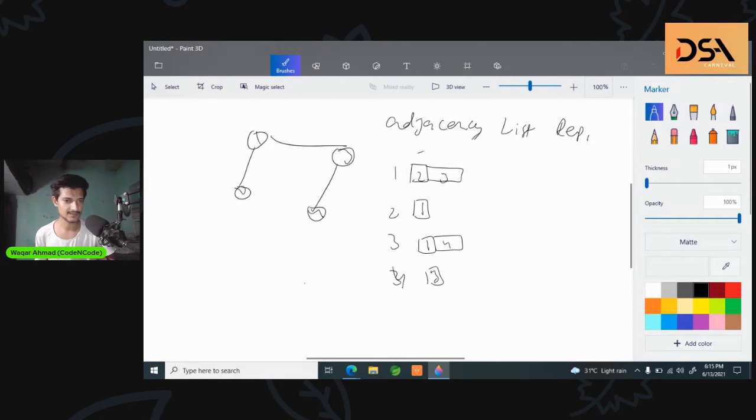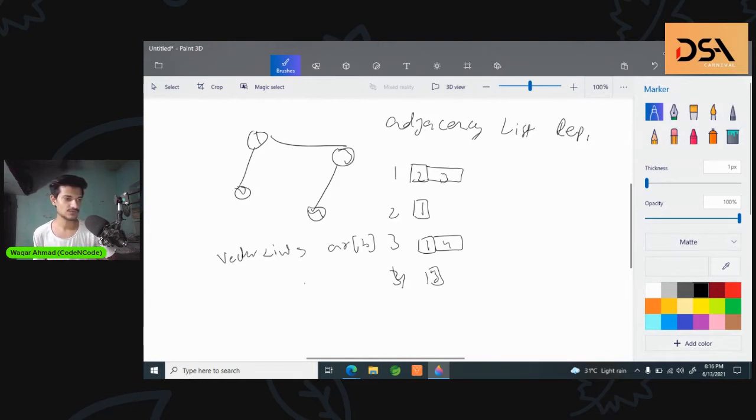And how you can implement it, so you can have a vector in C++. You can have an array of vectors, like vector of int, and then have an array of size n, or n plus 1 if you want to work with one base index system.